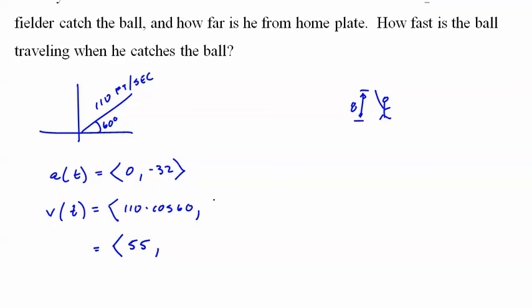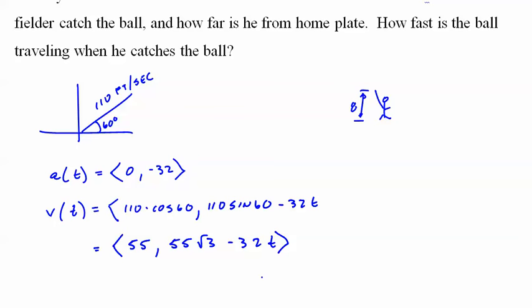And this is going to be 110 sine of 60 minus 32t. So it's being hit up with this velocity, and that's, of course, 55 root 3, but it's being pulled down by gravity. And that's that whole take the integral and put in the c value and see what happens.